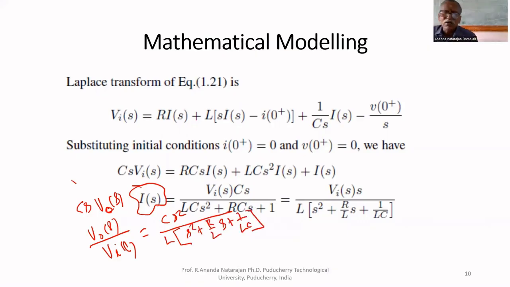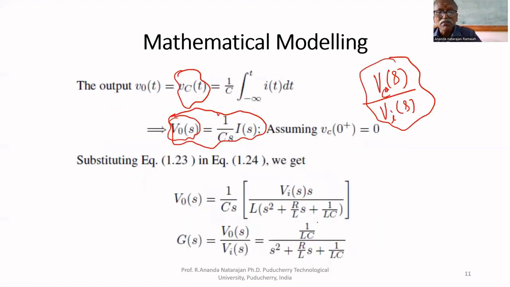Why did I take L outside? This will be written later. It is C by L S square upon S square plus R by L S plus 1 by LC. This form is called pole zero form. I'll explain later.